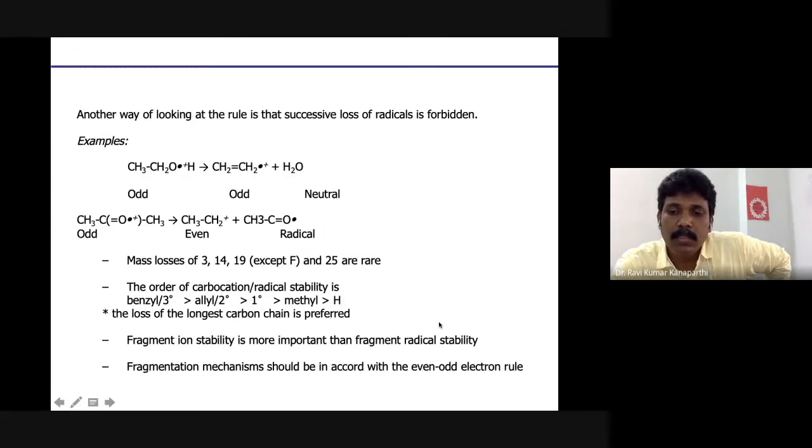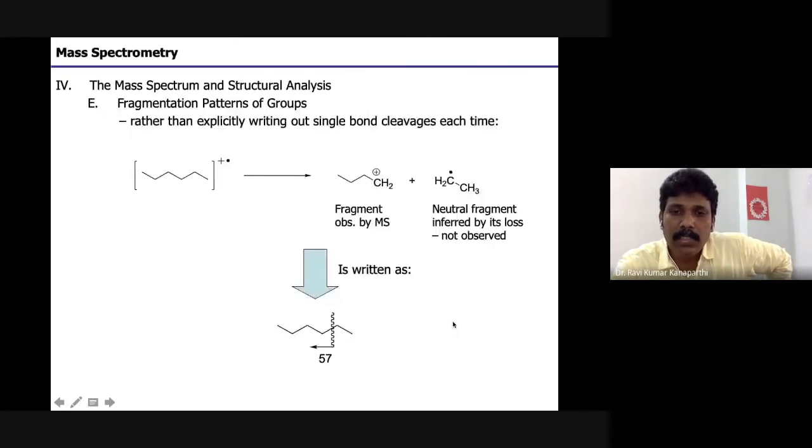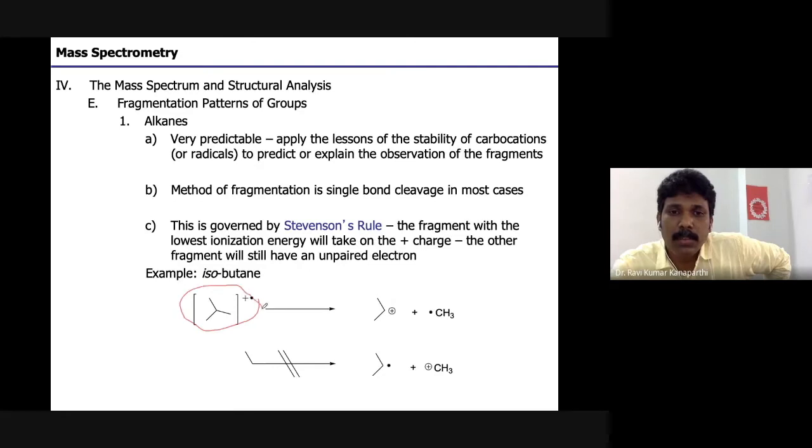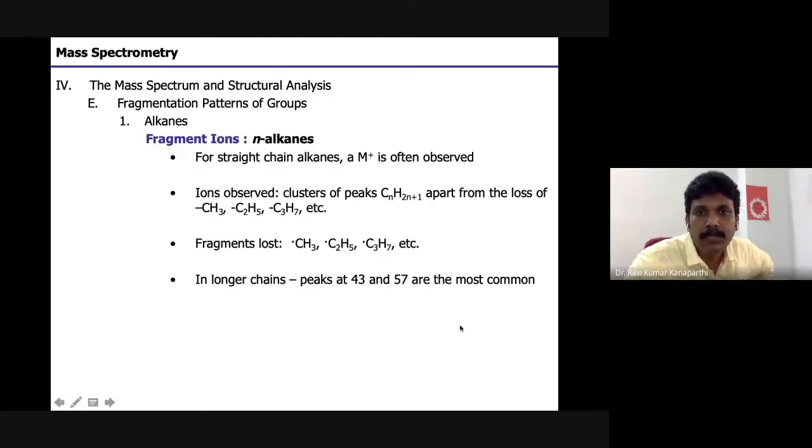You can only infer it from the other cleavage, where you can determine the mass of the remaining fragment; there will be a loss of 15. This is the way of representation, M minus 15, where M stands for the molecular ion. From the molecular ion there is a loss of 15, and a loss of 15 means a methyl radical. That is something one should remember.